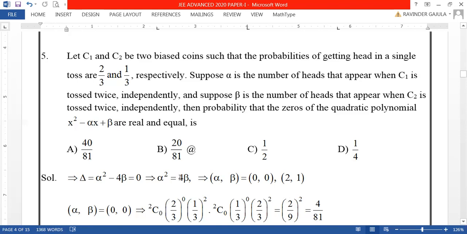So following this condition, alpha and beta must be in the range of 0, 1, 2.